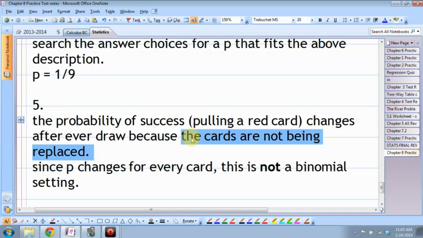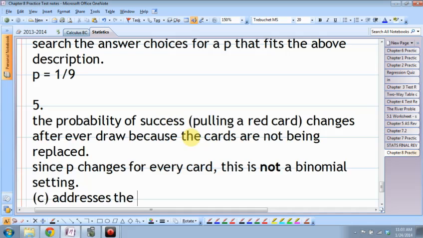So if we fix that issue, then we should get a binomial distribution. Okay, so C addresses the issue of replacement. So this is the correct answer.